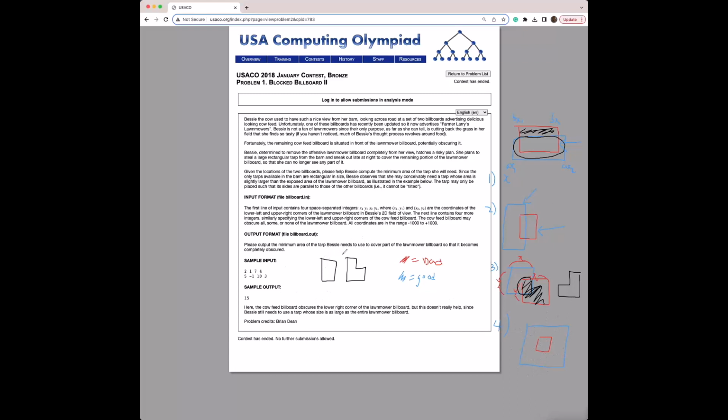And if we take a look at the sample input, as you can see here, in terms of x, this would be 5, -1, this would be 10, and 3.